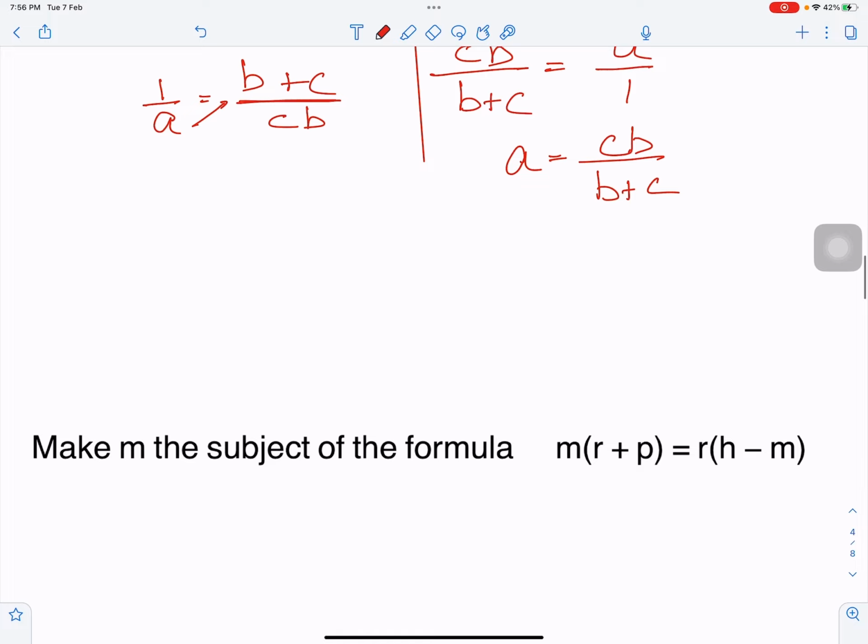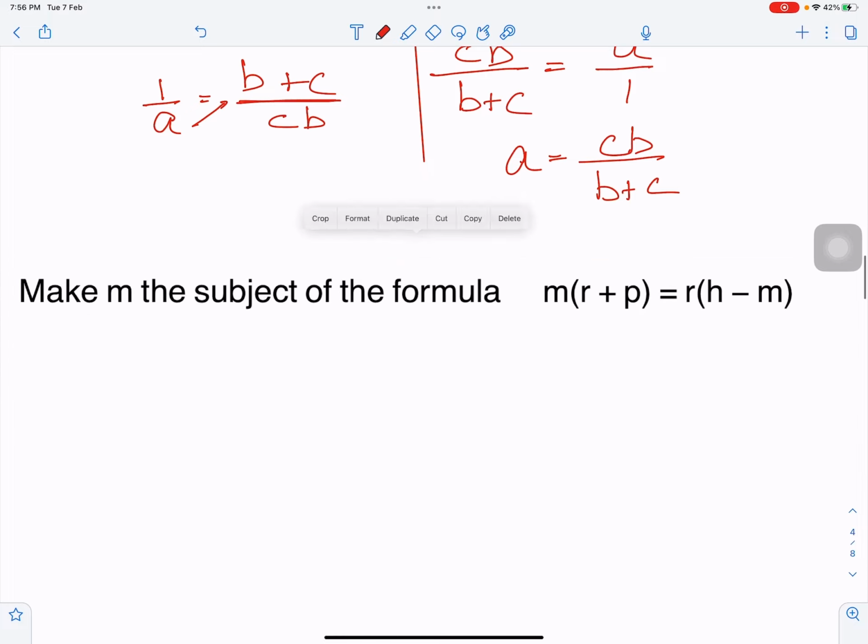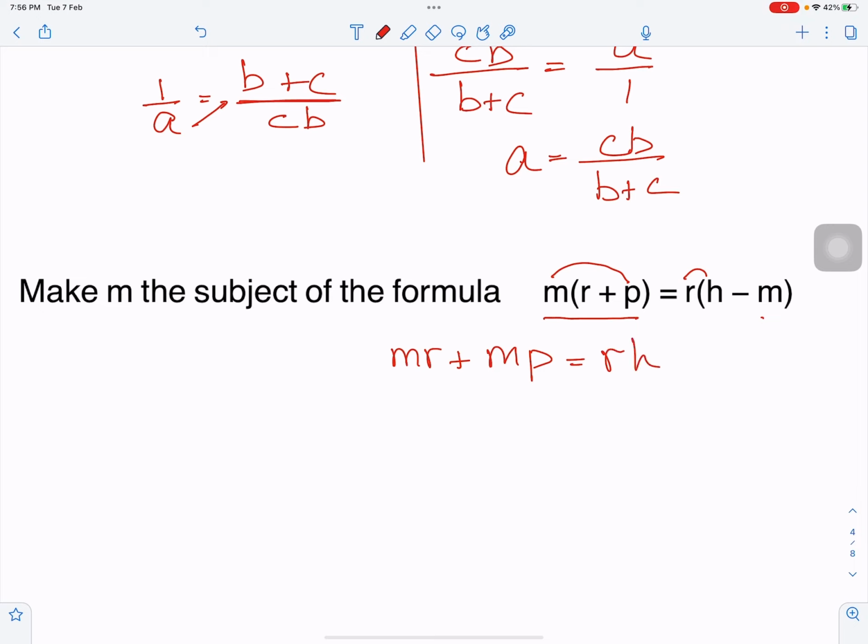Now let's see this case. I have to make m the subject. m is present here and m is present here. Looks complicated, right? So you need to open the bracket first, expand the bracket first. So m multiplied by r is mr plus m multiplied by p is mp equals r multiplied by h is rh minus rm.